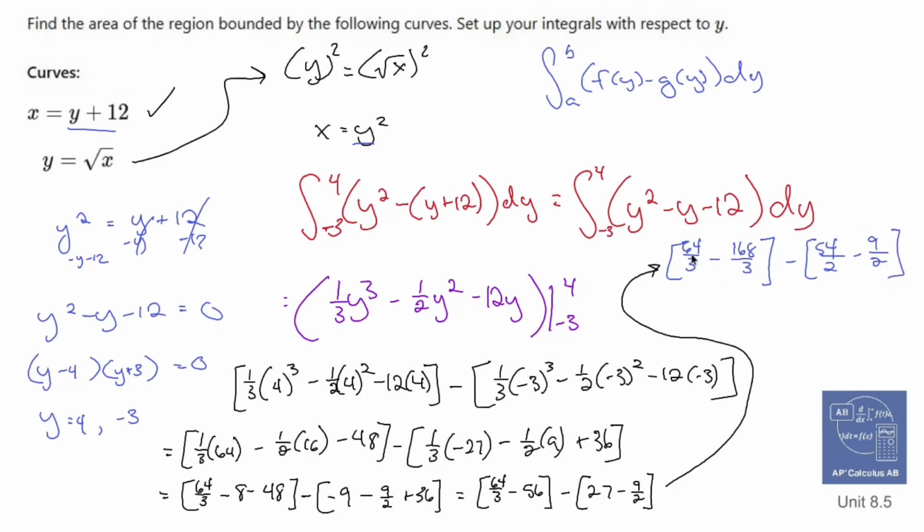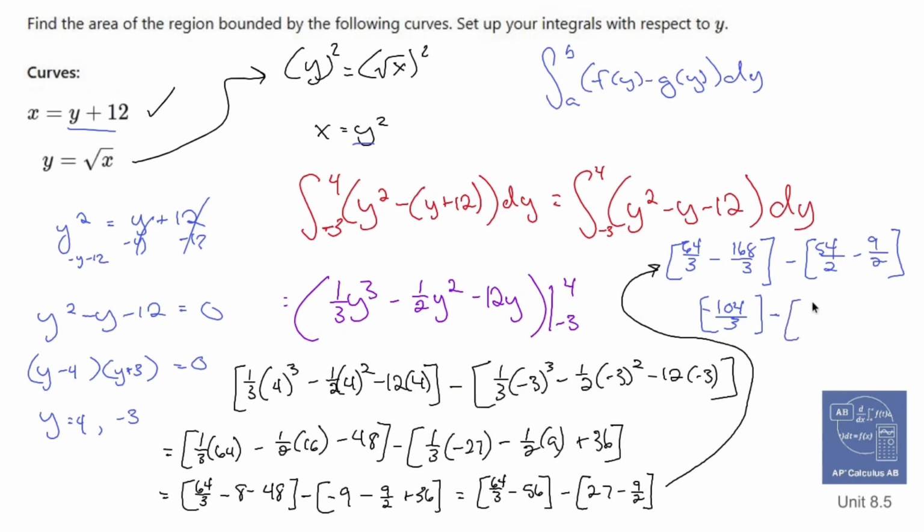Okay. 64 minus 168 is negative 104 thirds. Does that simplify? No, it does not.